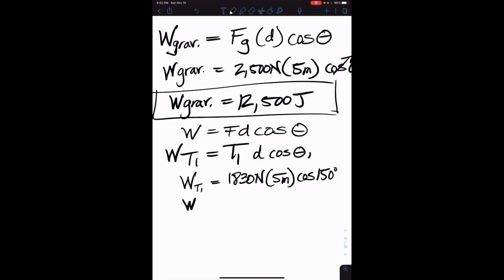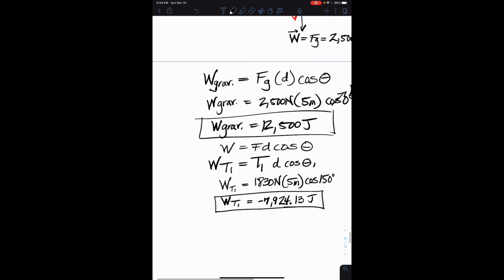We plug all of that in our calculator and we should get negative 7,924.13. The units there are going to be joules, and we're good there.